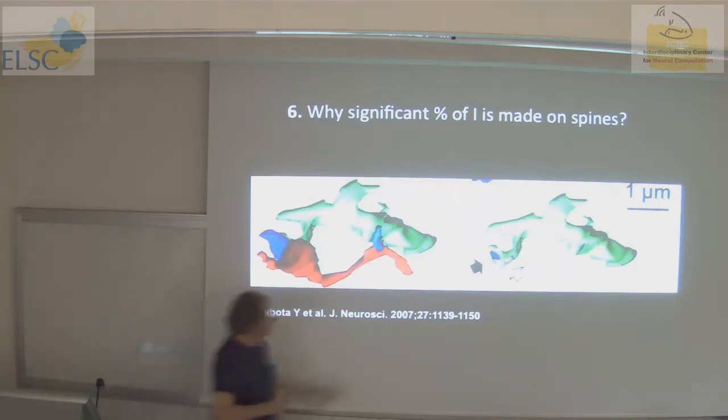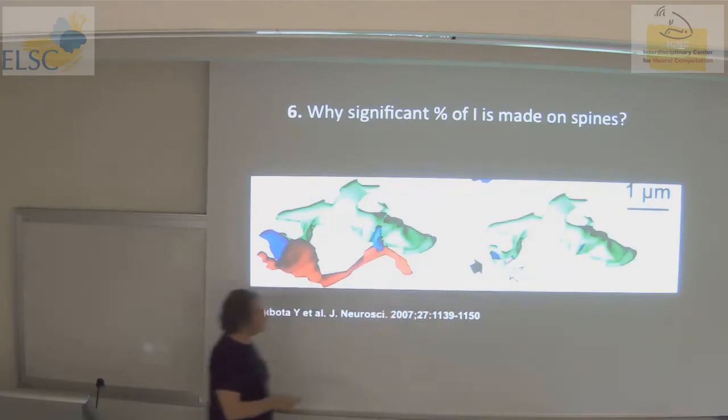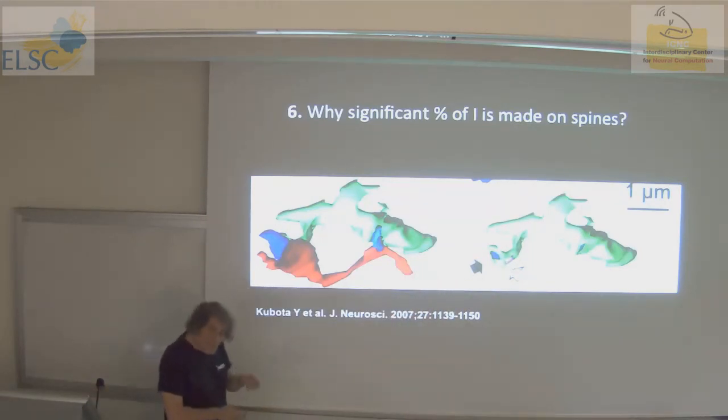But from recent results, we know that the percentage of inhibitory synapses that converge onto dendritic spines is much higher than by chance.